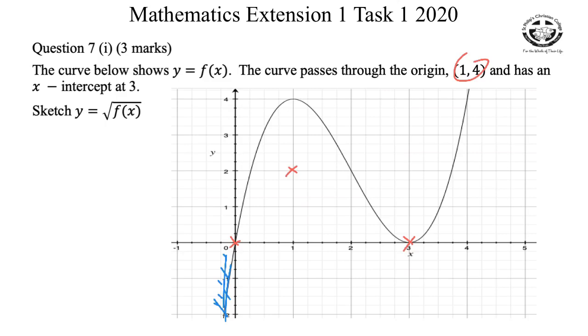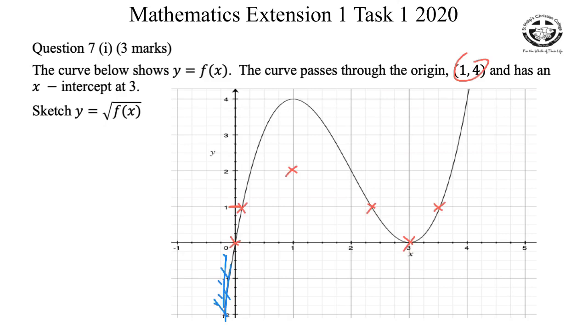The other thing we can do if we're trying to plot out some points here is wherever my curve passes y equals 1, my root function also passes through, because the square root of 1, much like the square root of 0, remains the same. Square root of 0 is 0, that's why we have x-intercepts at the same place, and the square root of 1 is 1, which is our 3 locations where our root function meets our original curve.